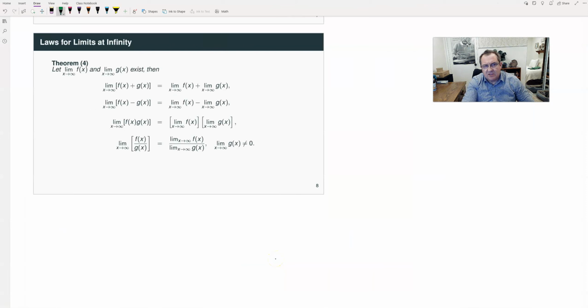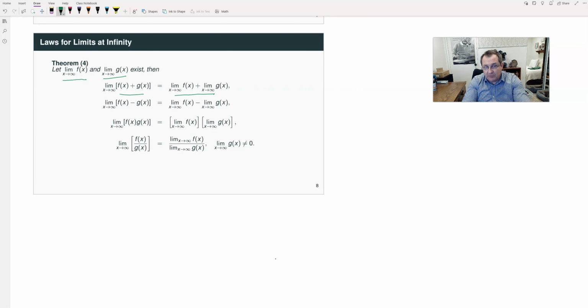It turns out that it is possible to do arithmetic on limits. In particular, if the limit of function f exists and the limit of function g exists as x goes to infinity, then the limit of the sum exists and is equal to the sum of the limits. Also, the limit of the difference will exist and it will equal the difference of the limits.